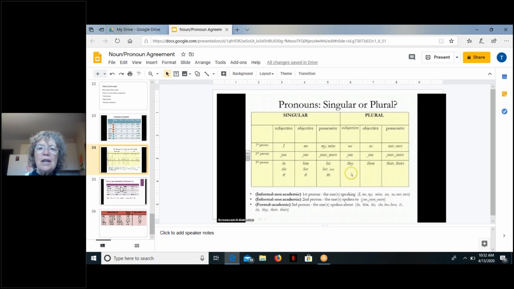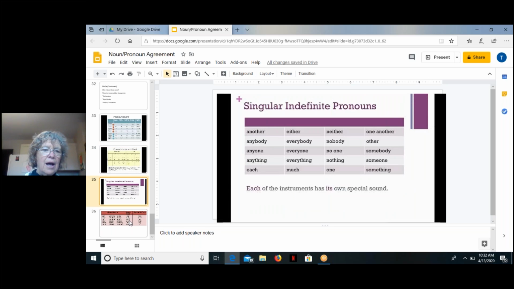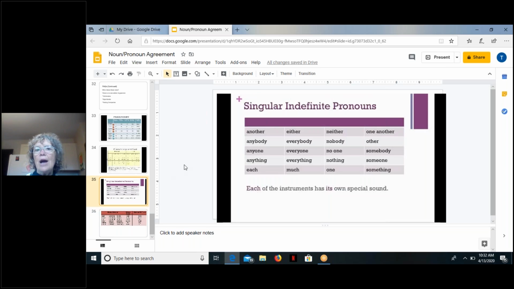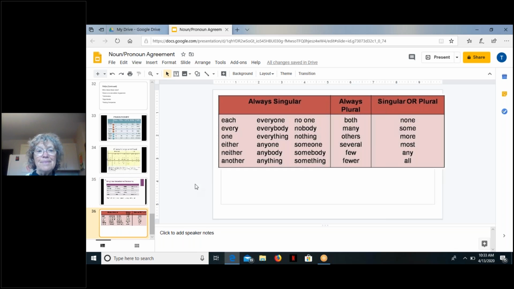So it's important to kind of look at these charts to help organize your thinking. One of the ones I think is really helpful is those indefinite pronouns. They are, I think, hard, and this one and the one before it kind of helps you figure out what's going to always be singular and what's always going to be plural, and what might sometimes be both.